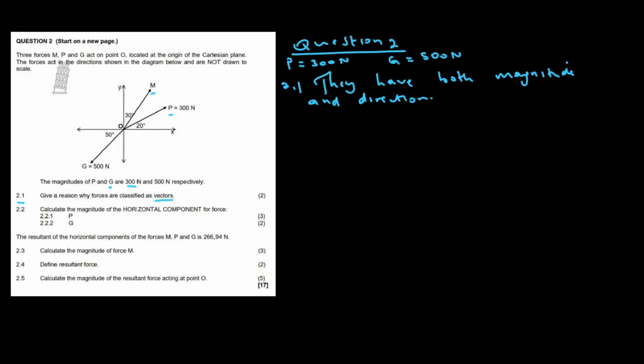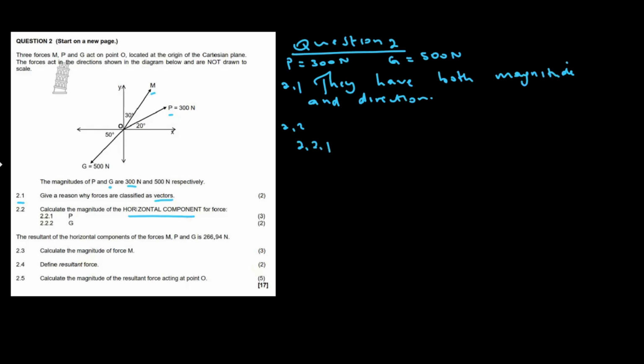Okay, I'm ready to answer the second question. 2.2: calculate the magnitude of the horizontal component for the force. There are sub questions here, so I'm going to write 2.2.1.